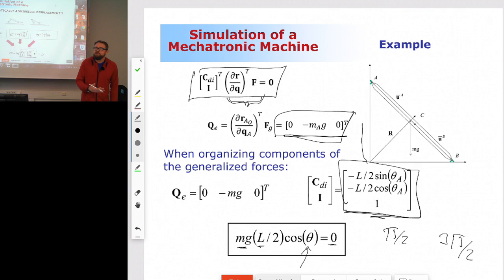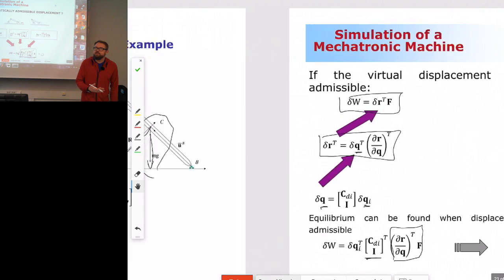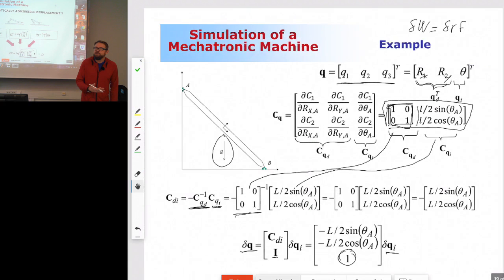Maybe it would be nice to make an exercise such that you don't select theta as an independent coordinate, but you select, say, ry as an independent coordinate. So then the dependent part would be this one here and this one here.